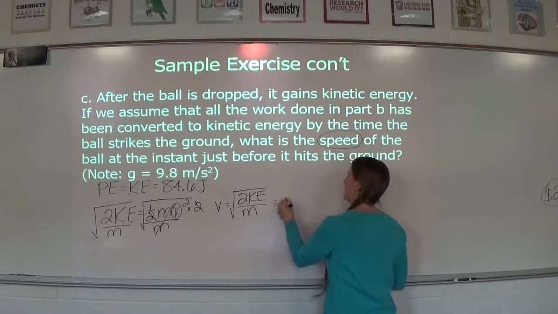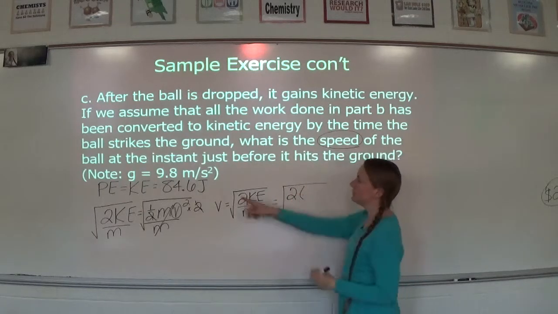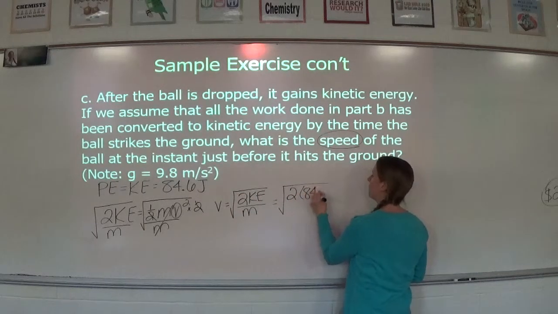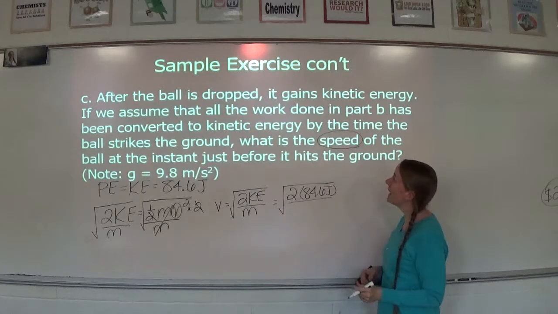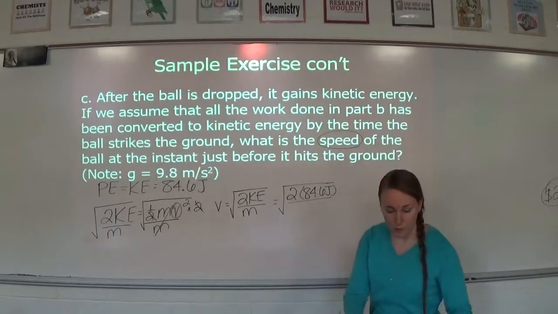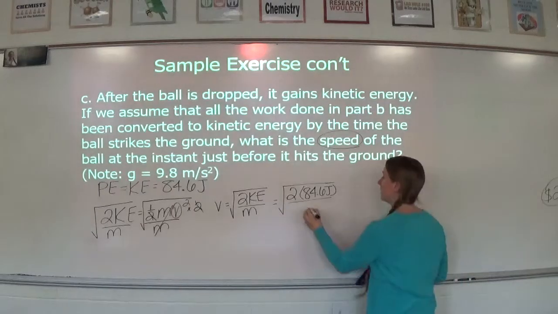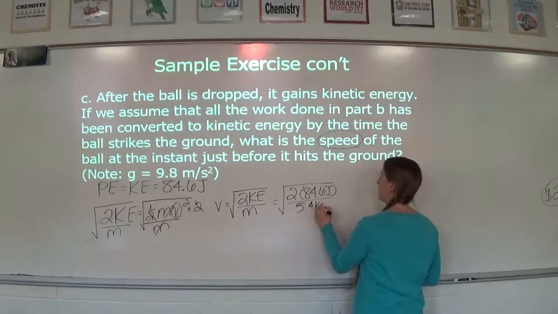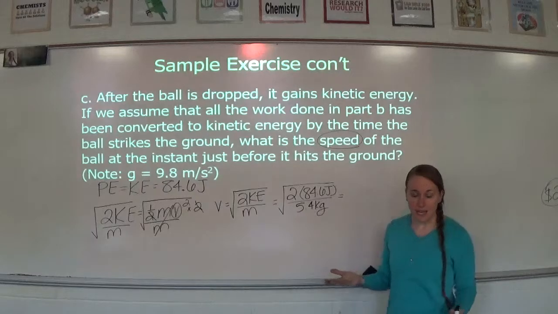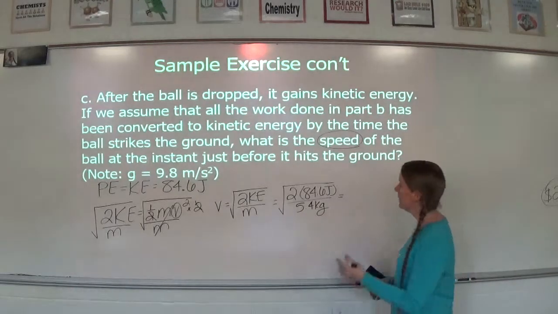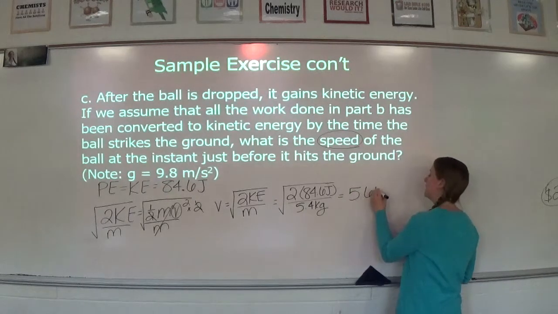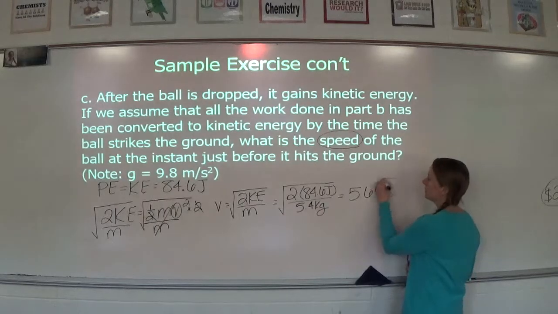And so then we just plug in. So 2 times my kinetic energy, which is 84.6 joules, over my mass, which is, I think it was 5.4 kilograms, but I don't remember. All right, 5.4 kilograms. So once I divide and square root and everything, I end up with 5.6, and my unit is meters per second.